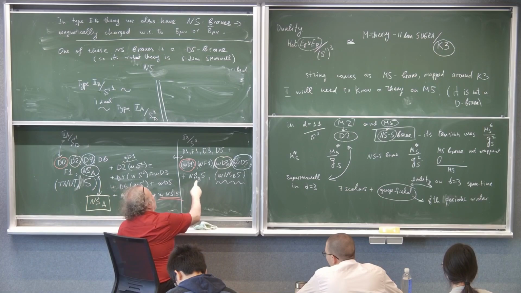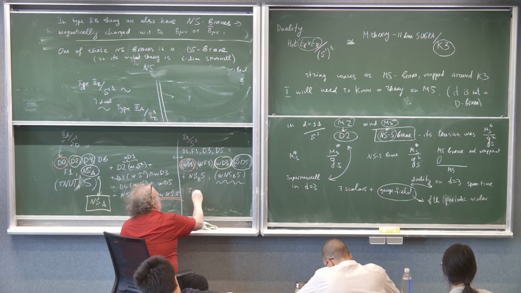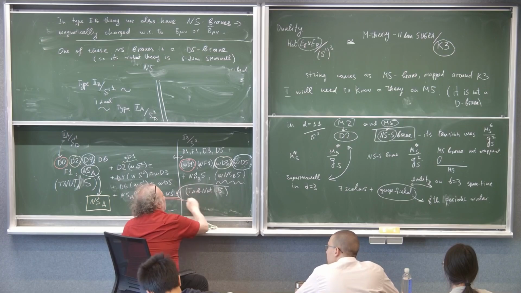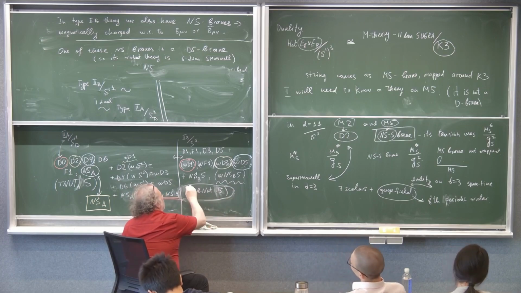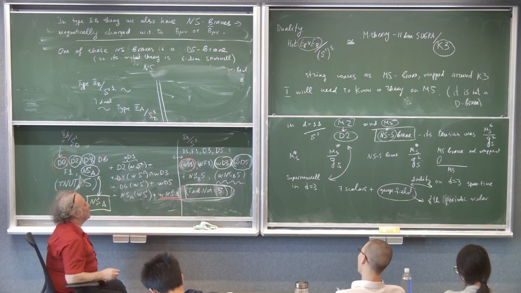Actually here I forgot to say that it's important that we have Taub-NUT. It's a 5-brane. And this is the object of our interest.